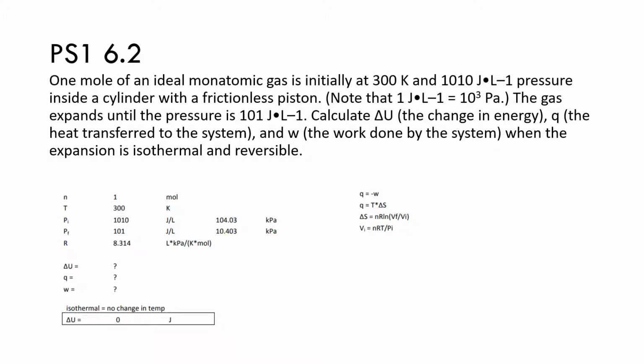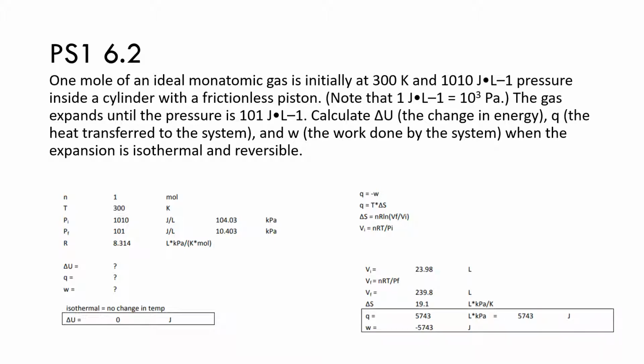And that can help us solve for delta S, which can give you Q, which can give you W. So when we do that, we get our two different V values, which are 23.98 liters and 239.8 liters. So when we solve for our delta S value, we get 19.1 liters times kilopascals per Kelvin.